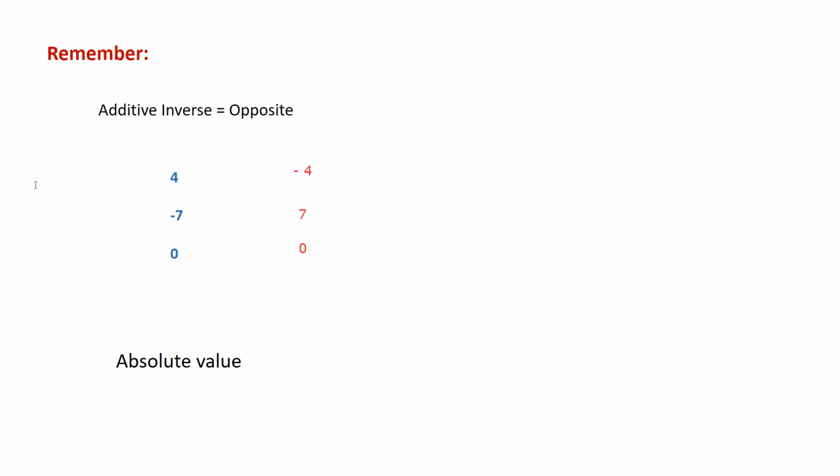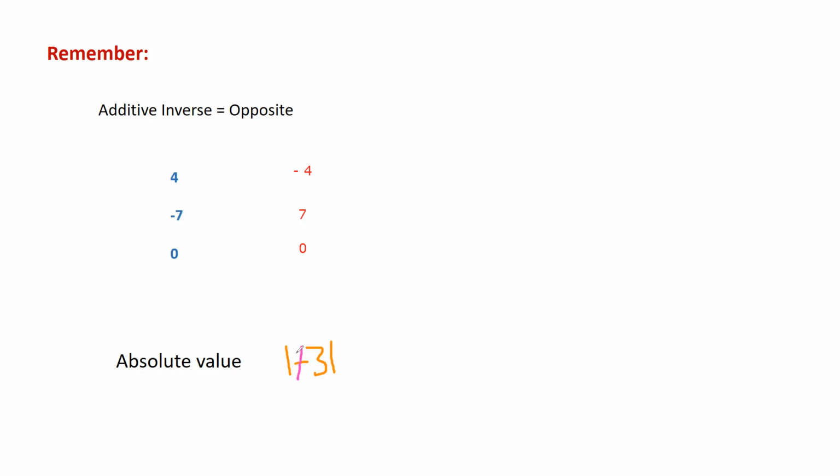What about the absolute value? Can you remember it? Yes, absolute value, like these two lines. The absolute value means the distance, or it's used to describe the distance between any 2 points. So we said that the distance cannot be negative. It means that the absolute value eats the negative sign.